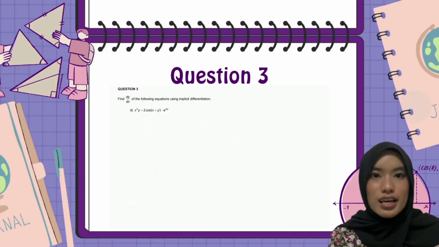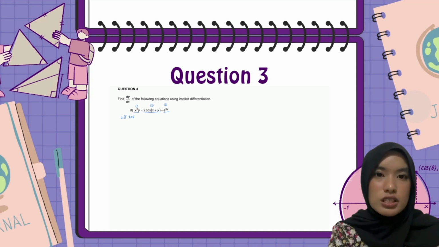Next, given x squared y equals 2 cos (x plus y) minus e to the power 3y. Divide the equation into 3 parts. First, x squared y, second, 2 cos (x plus y), and third, negative e to the power 3y. Step 1. Differentiate both sides with respect to x.